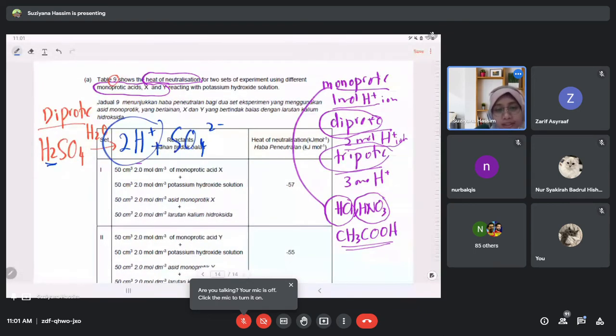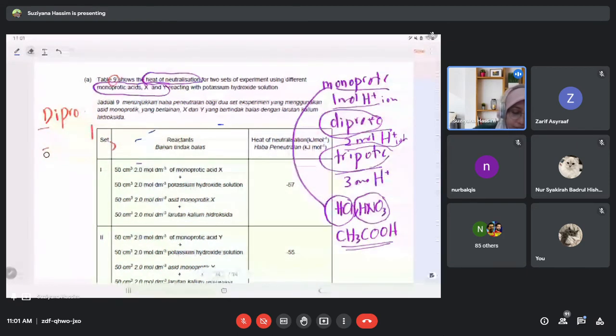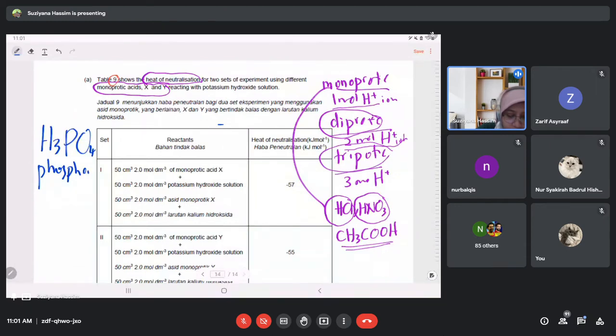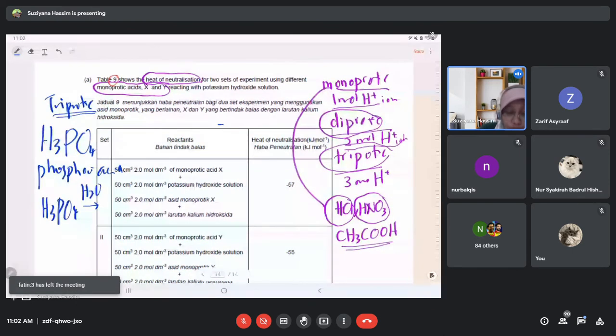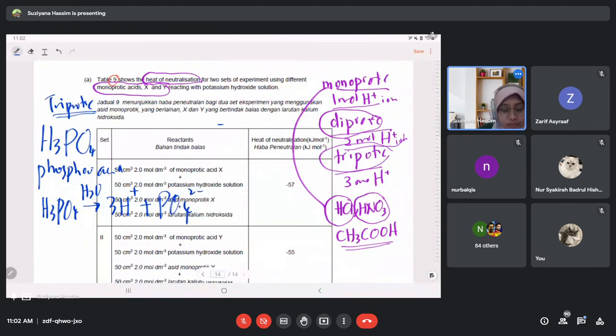Triprotic: phosphoric acid, H3PO4. When phosphoric acid is ionized in water, it produces 3 mole hydrogen ion plus phosphate ion. This we call triprotic.